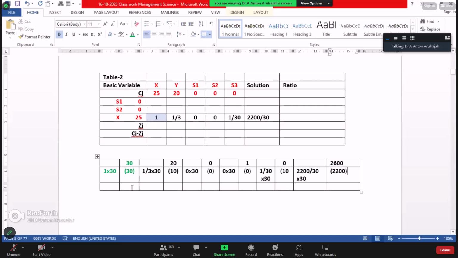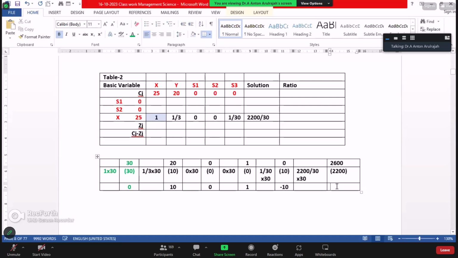Now we got the value 0. This is 30 minus 30, 0. Then 20 minus 0, that is 0. 0 minus 0, 0. Here 1. Here how much? 0 minus 10, minus 10.